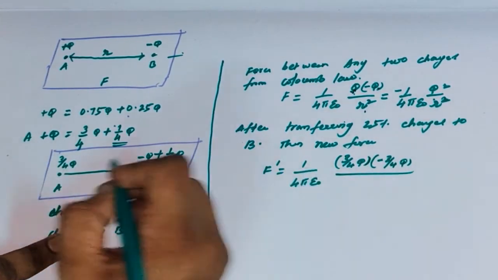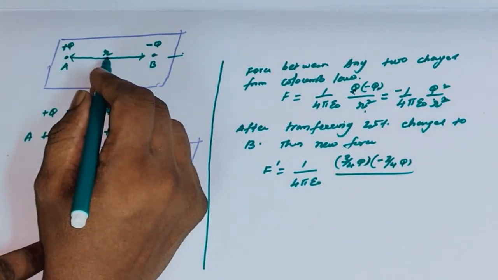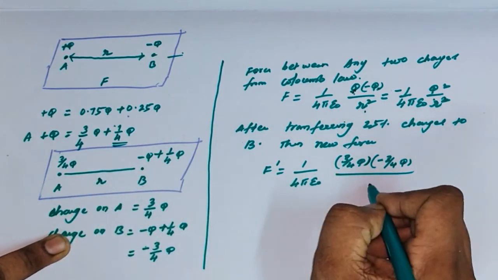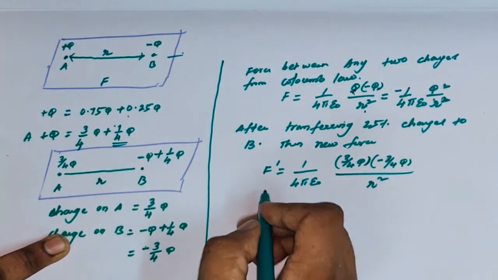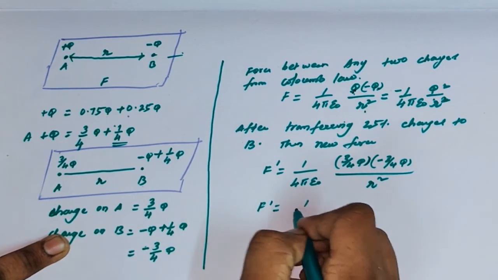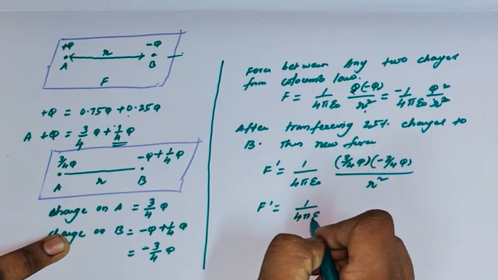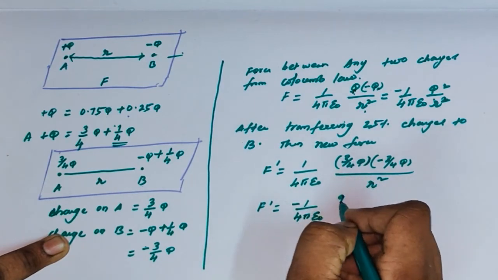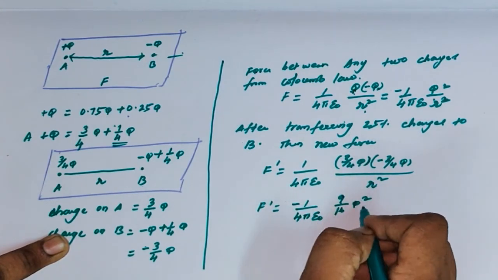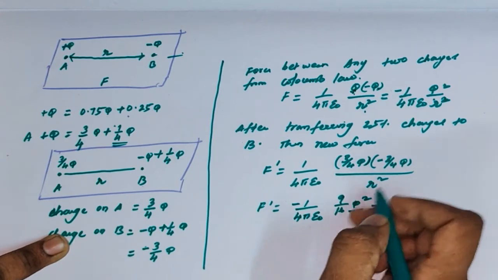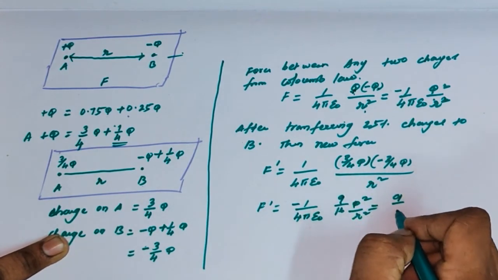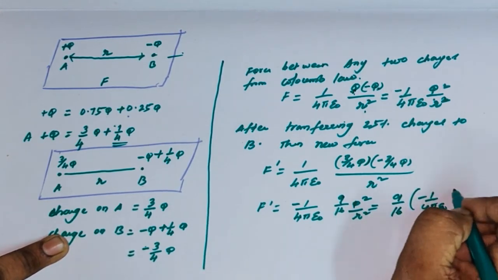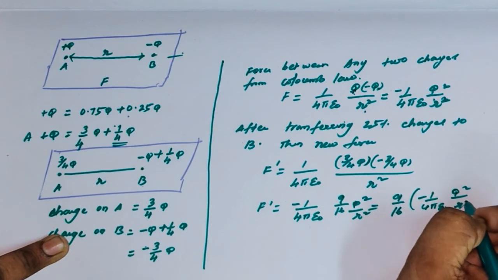We are not changing the distance, it remains the same, so it is r squared. So F prime is equal to 1 by 4 pi epsilon naught times, multiplying these two, minus 9 over 16 Q squared by r squared. Taking the 9 over 16 outside, inside is minus 1 by 4 pi epsilon naught Q squared by r squared.